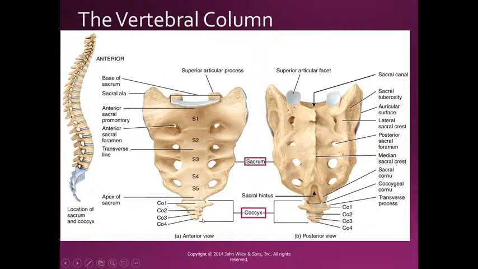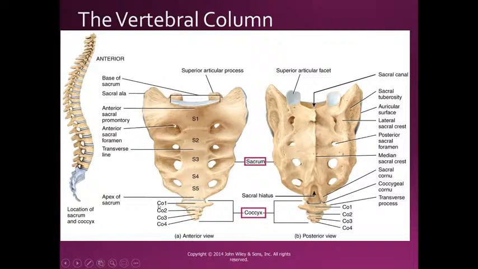Now moving down, we have the coccyx, or tailbone, which is composed of 3 to 4 coccygeal vertebrae. Again, these are remnants of our ancestors, and given enough time, they will probably disappear from humans. But for now, they're there. And so we have the coccygeal vertebrae, CO1.